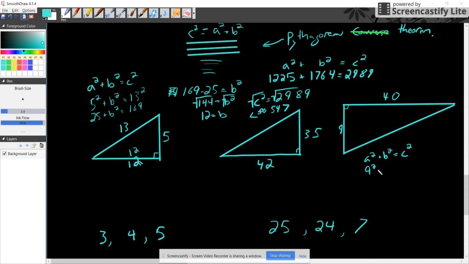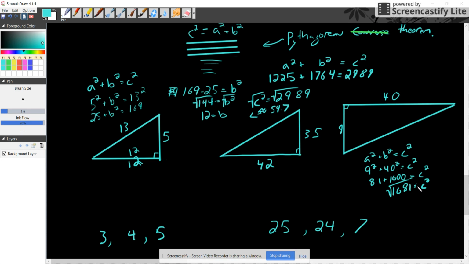So 9 squared plus 40 squared is equal to c squared. 9 squared is 81. 40 squared is 1600. And so this is c squared. 1681 is equal to c squared.